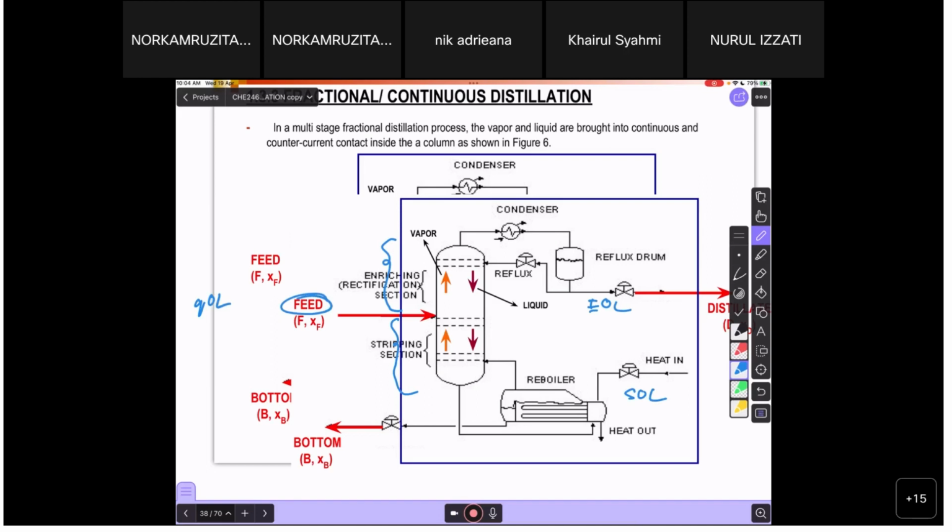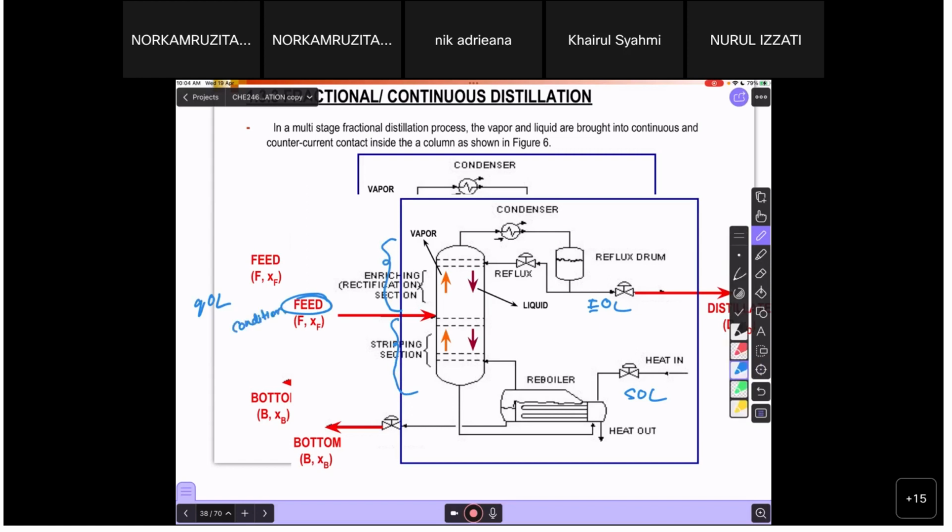So there are three operating lines. One you get above the feed stream, another below the feed stream, and the third on the feed. The Q operating line represents the condition of the feed, so we are talking about condition here.